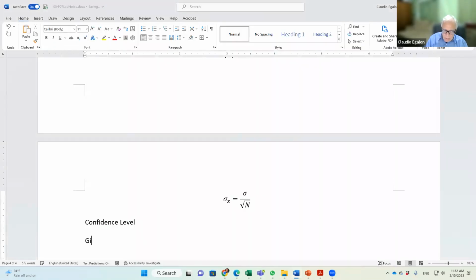Confidence level given n and R square, the determination coefficient. What is the value, or even the range, of the confidence level? Confidence level, not confidence interval.